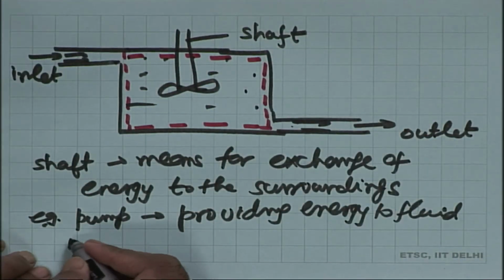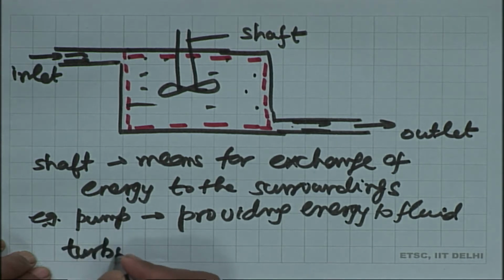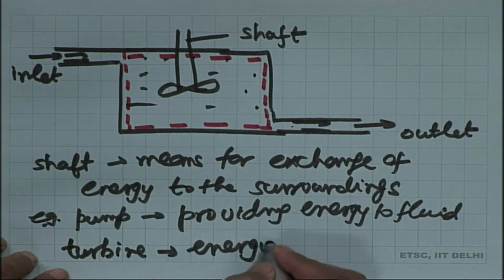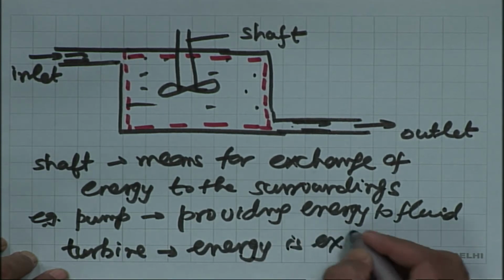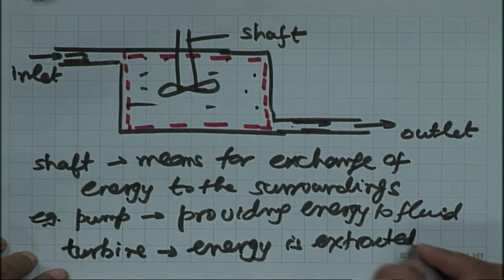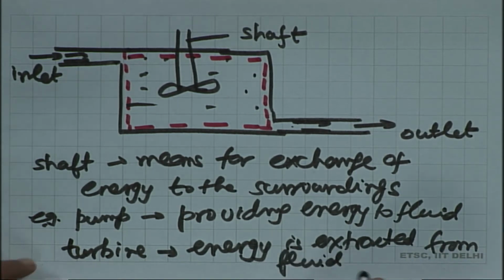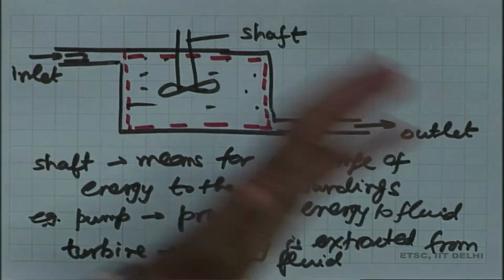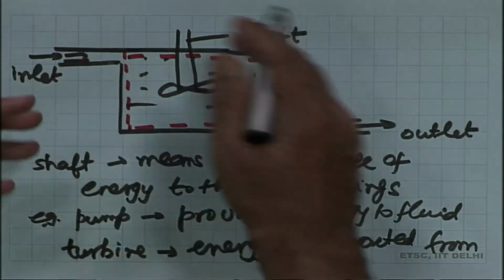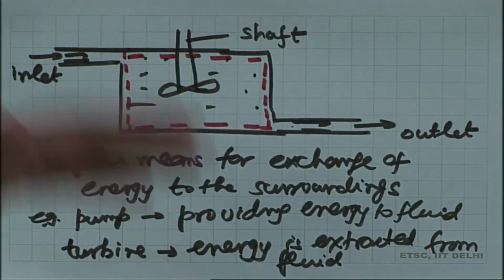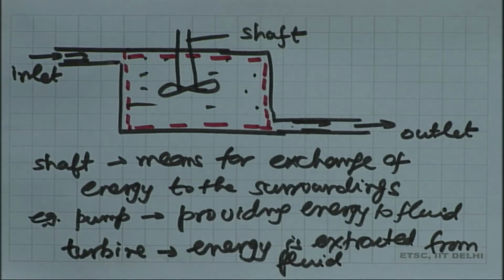It could be a turbine where energy is extracted from the fluid. So, fluid with higher energy is coming in from the inlet, and then through the shaft energy is extracted from the fluid doing some useful work, and the remaining fluid goes out from the outlet.